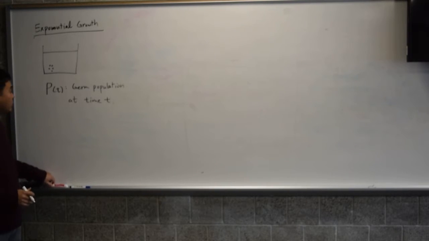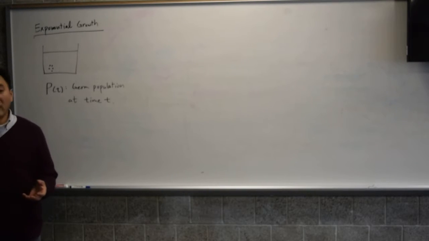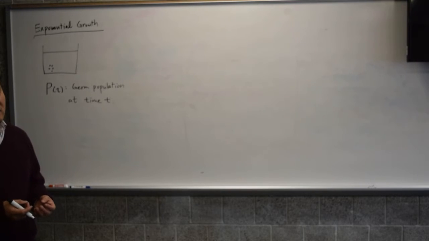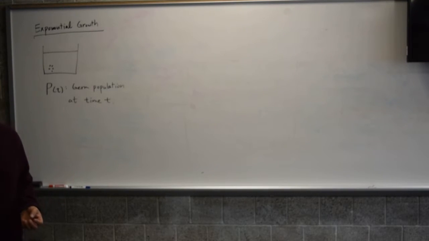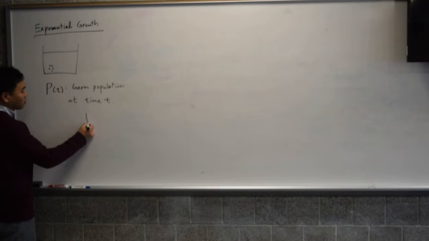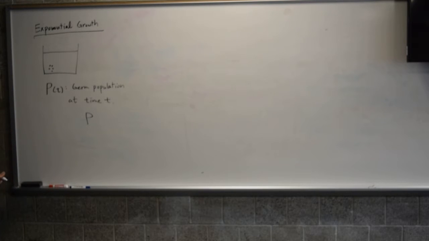And here's how you make the model. See, germs grow by dividing, right? Of course, there's a rate of division which we don't know, so that part we have to figure out by experiment. But certainly, we can predict that the more germs there are, the growth rate of the germs will be big.